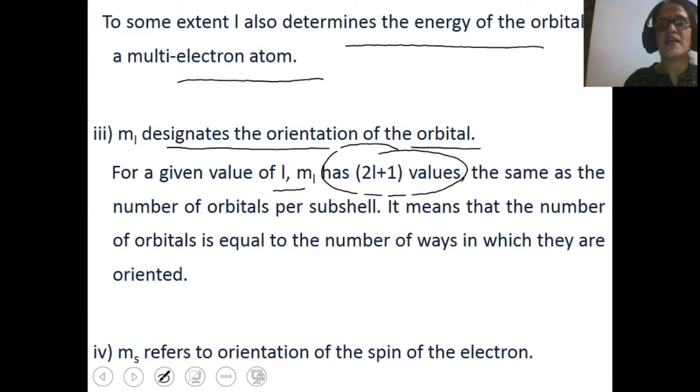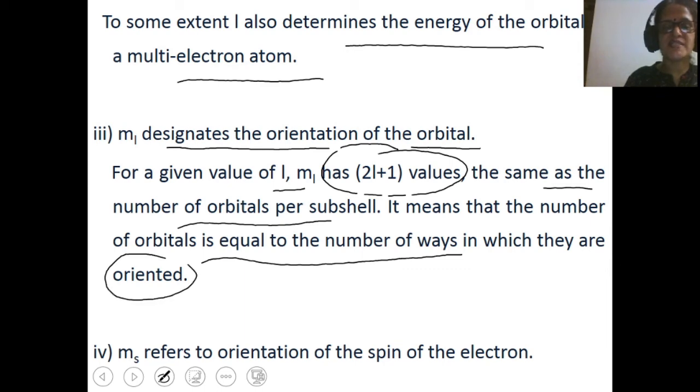It means it has 2l plus 1 orientations and 2l plus 1 orbitals. So for a given value of l, ml has 2l plus 1 values, the same as the number of orbitals per subshell. It means the number of orbitals is equal to the number of ways in which they are oriented.